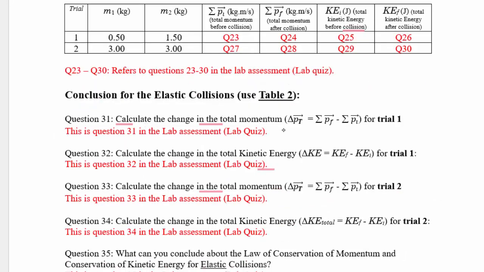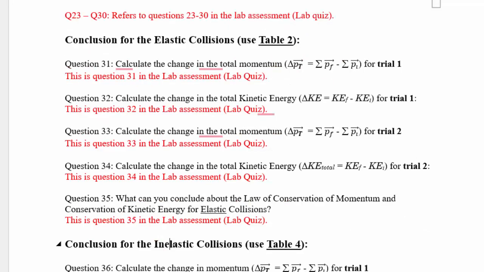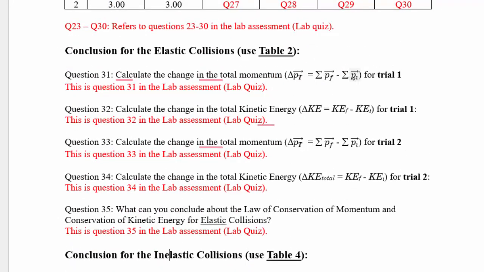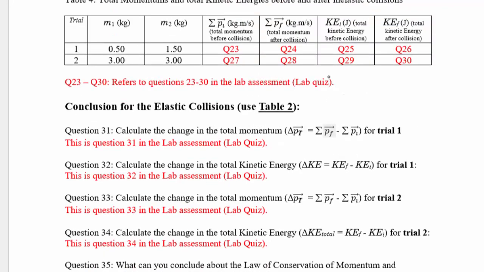Now for question 31, it asks you to calculate the change in the total momentum. And here it tells you use table 2 first, because table 2 is pertinent to elastic collision. And then you'll do the same thing for table 4 in inelastic collision. So here you'll subtract the total initial momentum from the final total momentum.